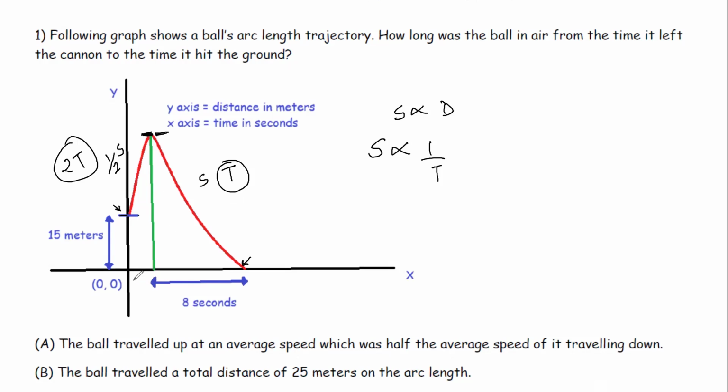Therefore you can't say that this is 16 seconds, and therefore you can't say this is 24 seconds. So among A, B, C, D, E, A is out, D is out. We're left with B, C, or E. Now, the ball traveled a total distance of 25 meters on the arc length, so the total distance of the red portion is 25 meters. That doesn't tell us anything, because we don't know whether this red shape here and this red shape till here are in equal proportion.